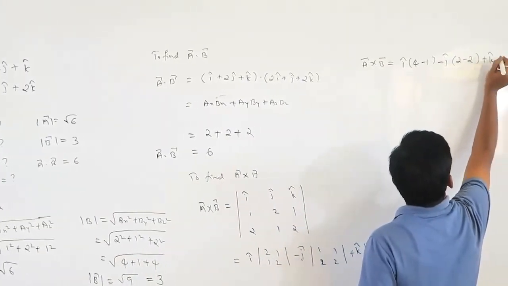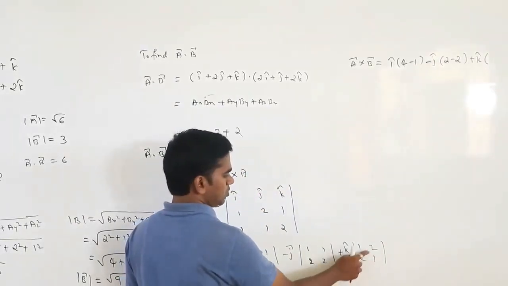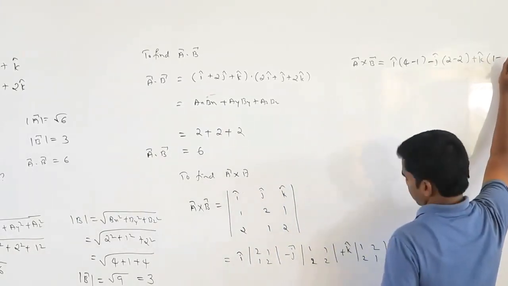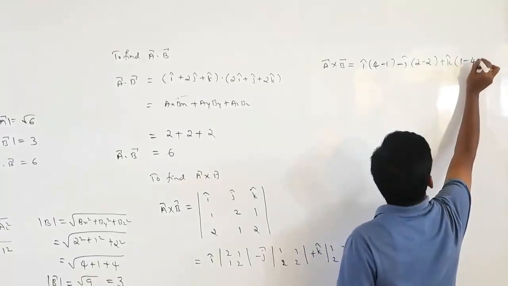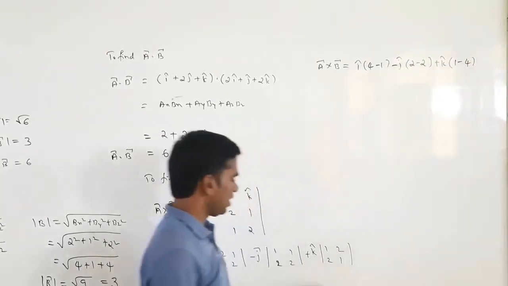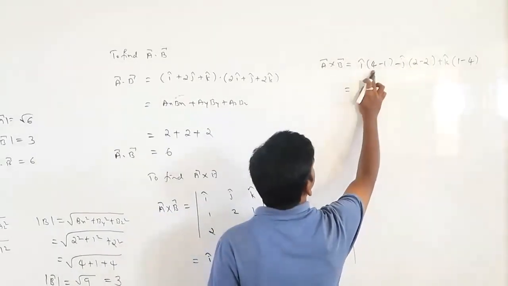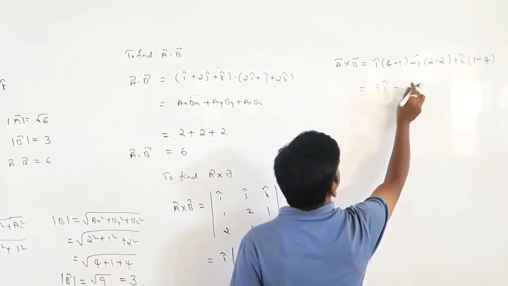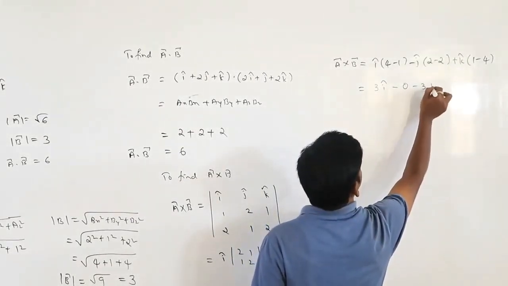Plus k cap: 1 into 1 is 1, not 2, minus 2 into 2 is 4, so minus 3. So this is 3 I cap, minus 0, minus 3 k cap.